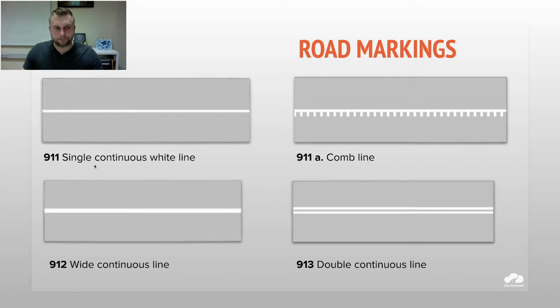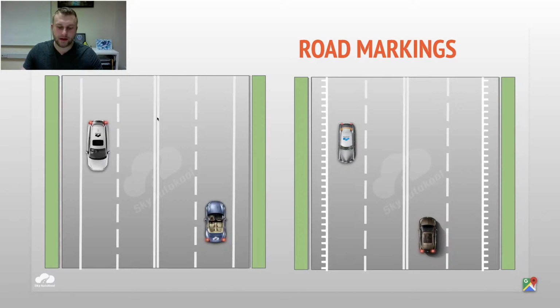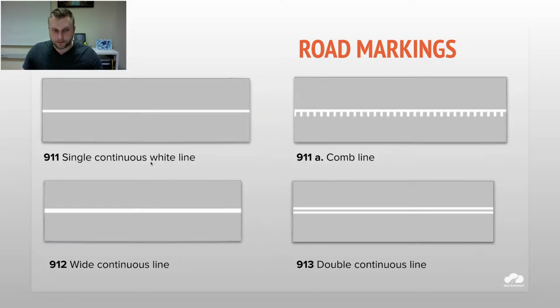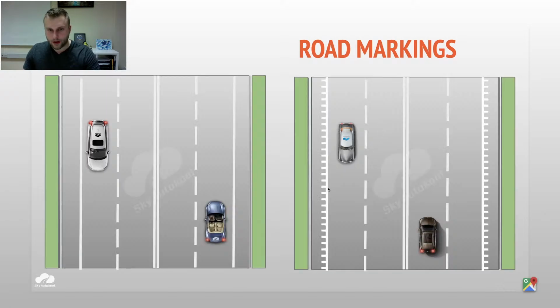And here we can see a single continuous white line, or we can say a solid white line, a double solid line or continuous lines, and a comb line. So what is the point? Comb line, as you see, usually shows you the border of the shoulder.